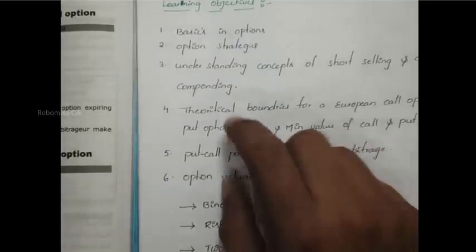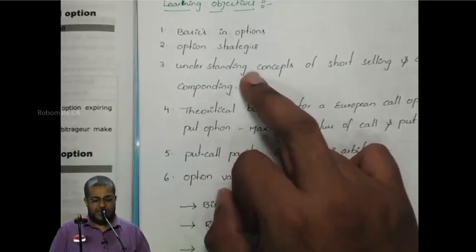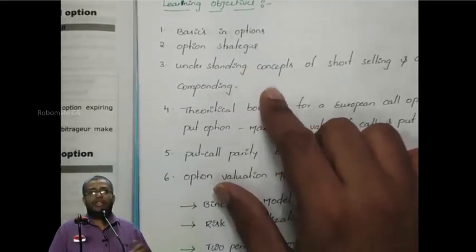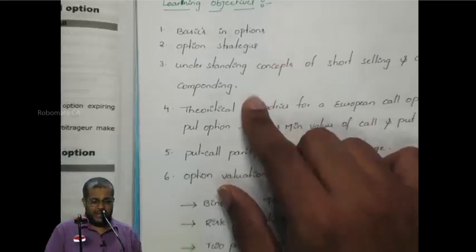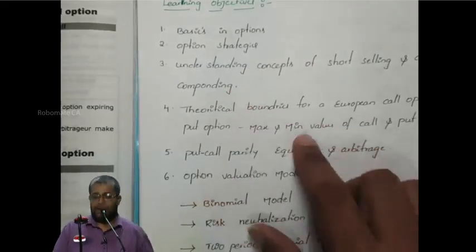Objective number 1, basics in options. We did the first 7 problems. Has it been completed or not? Yes. Option strategies like straddles, spreads have been discussed. Point number 2, over. Understanding the concept of short selling was already discussed in the portfolio. Notes have also been given. Continuous compounding has also been discussed. Point number 3, over.